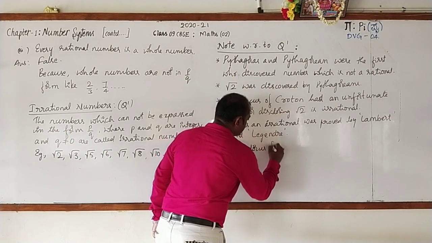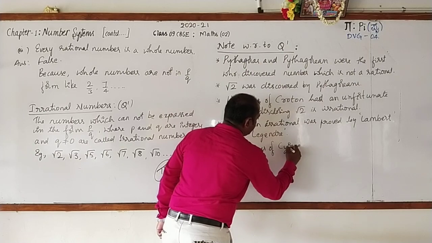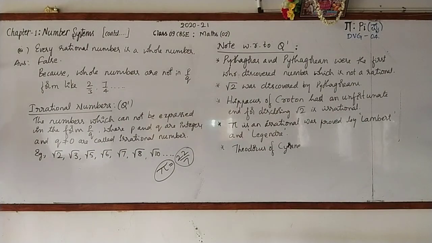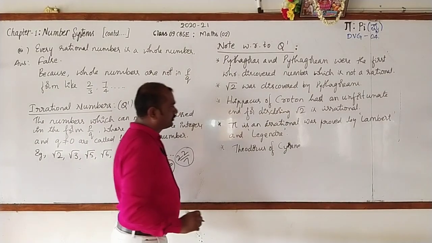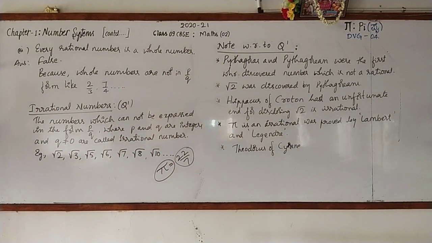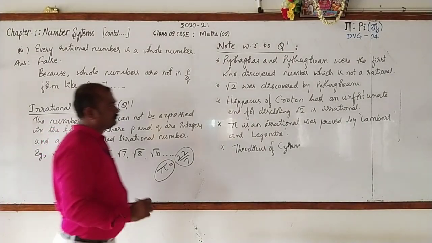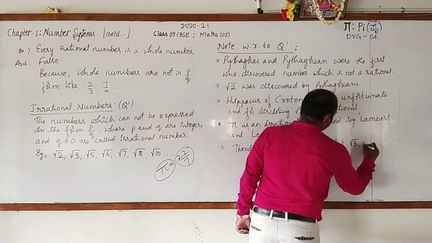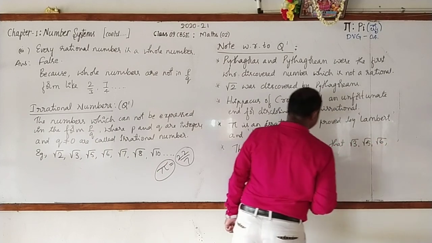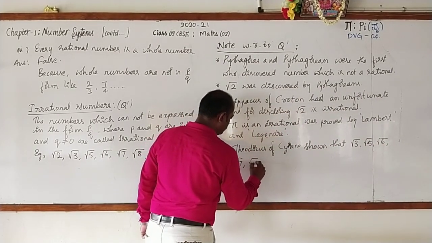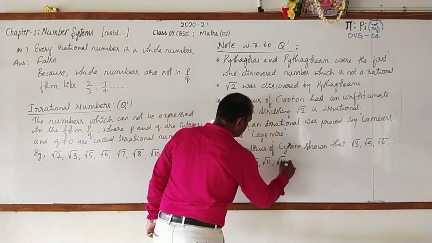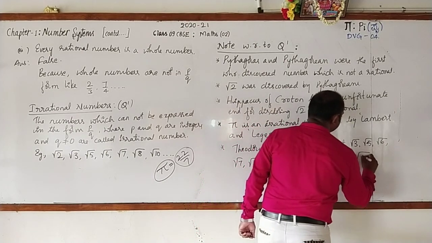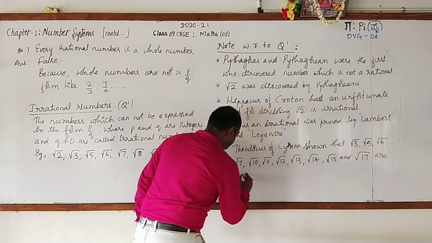Theodorus of Cyrene has shown that root 3, root 5, root 6, root 7, root 10, root 11, root 12, root 13, root 14, root 15 and root 17 are irrationals.